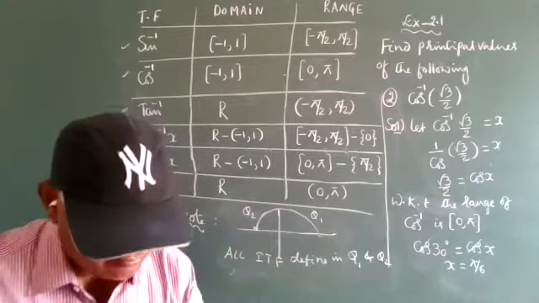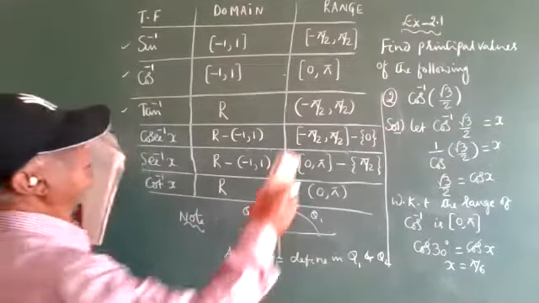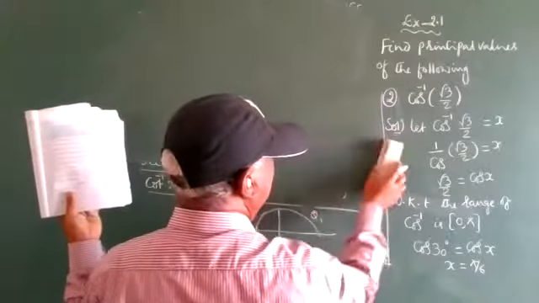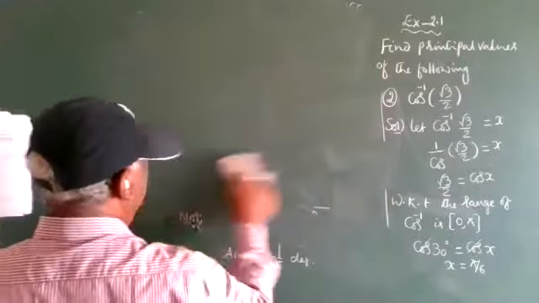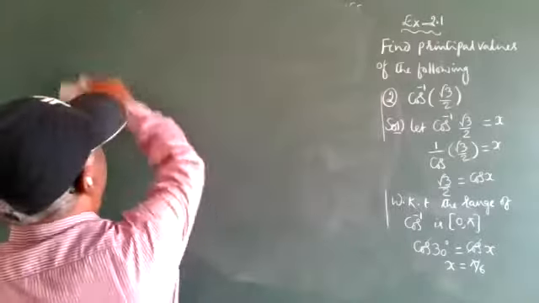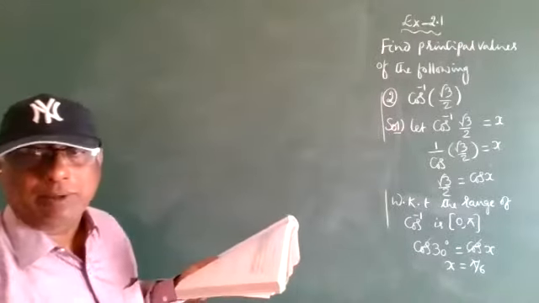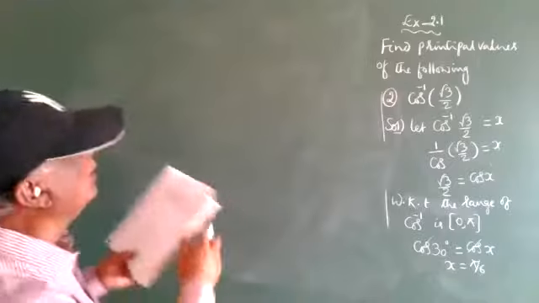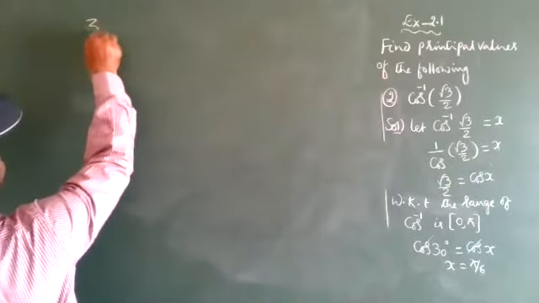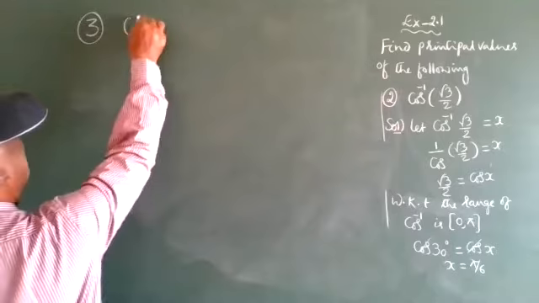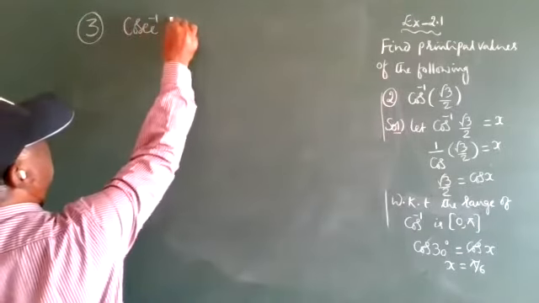Now see, the third problem. Everyone observe the third problem. The third problem is cosecant inverse of 2.